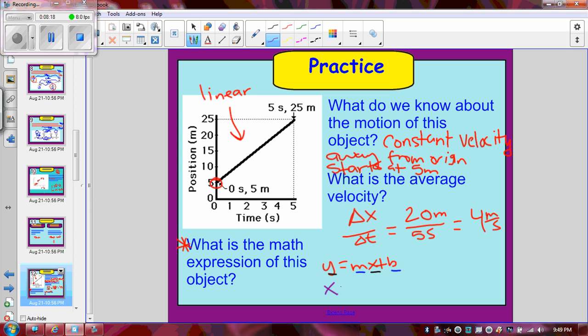That might seem kind of weird considering we have an x right here. But remember, position, the variable for position is x, and that's why it's put in the y spot, because the y-axis is position. Equals, I'm going to leave m out for a second. What is x? Well, the variable for x is time, and the commonly accepted variable for time is t.